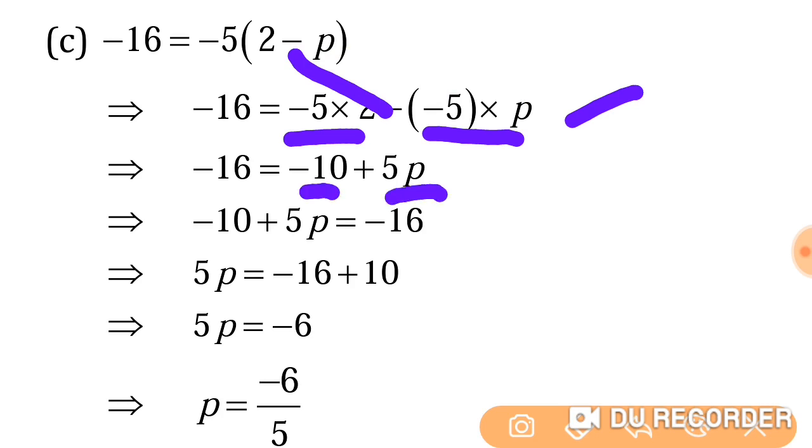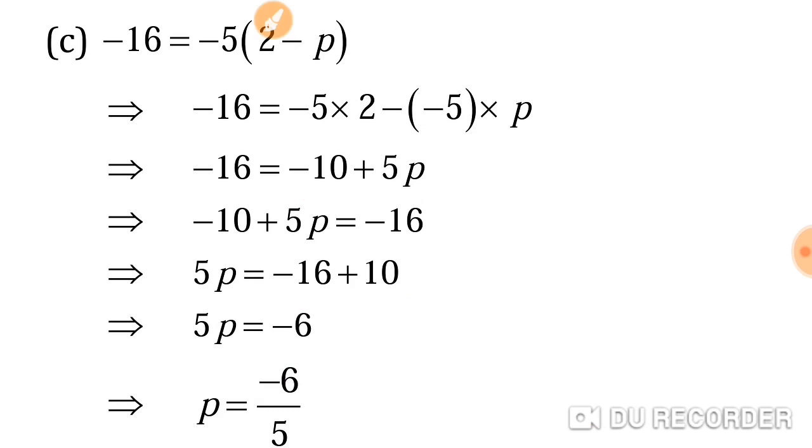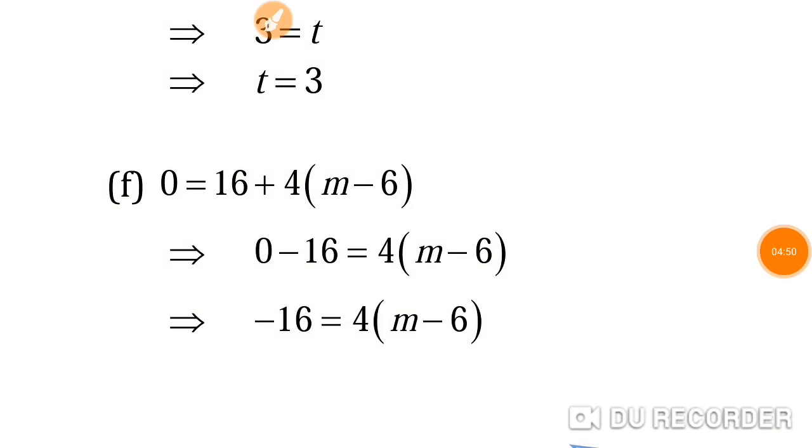So they have written this term on the LHS and that term on the RHS. Then minus 10, transfer that side, it becomes minus 6. So 5p is equal to minus 6, p is equal to minus 6 by 5, because if you transfer to this side there is a multiplication, it becomes a division here. So this is example 1 actually from the textbook.